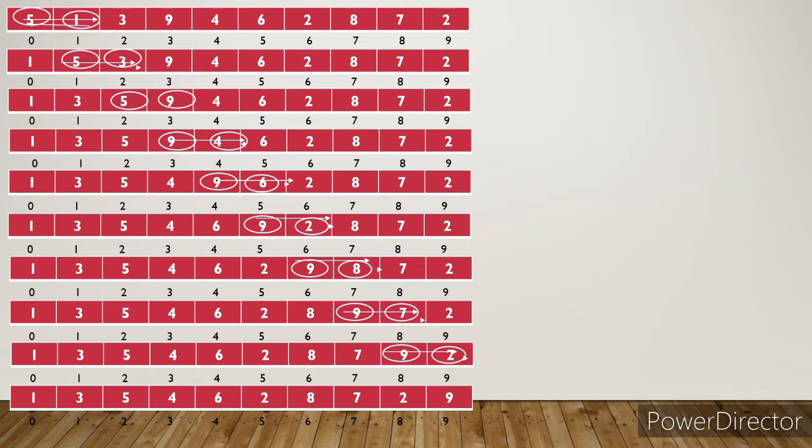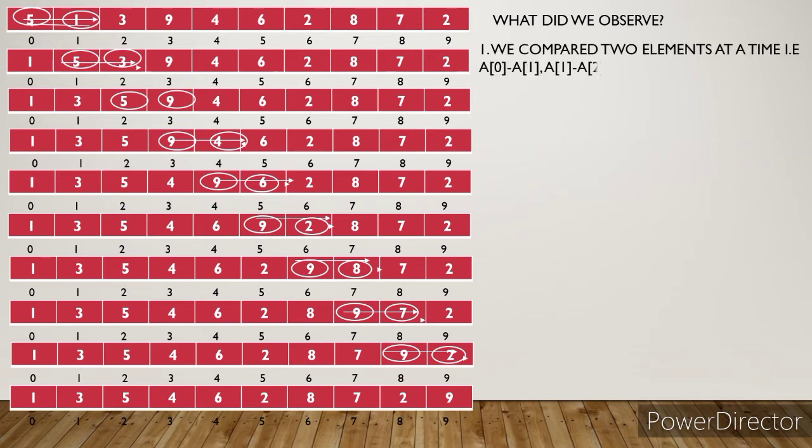So this is one complete set of comparisons that we have done, starting from the first two elements, and we proceeded till the second last and the last element. So what do we observe? First, we compare two elements at a time.